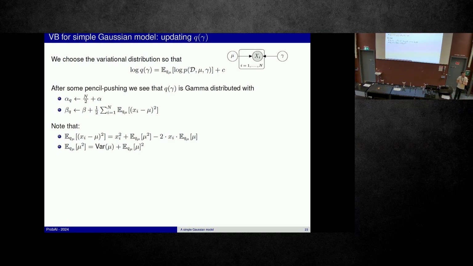That would be the mean value. And for calculating the expectation over mu squared, that's just equal to the variance of mu, which we found before, plus the expectation over mu, squared. So here again, we have closed form updating rules for finding the variational distribution over gamma in this case. And again, this works for this particular model class that we have.